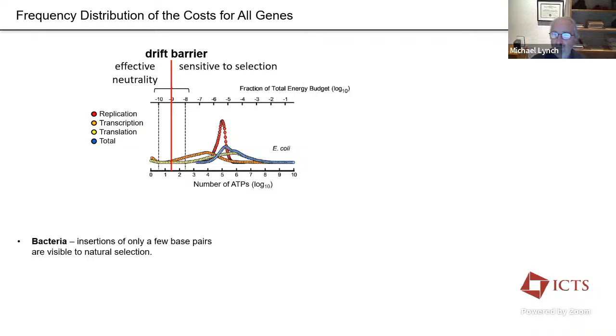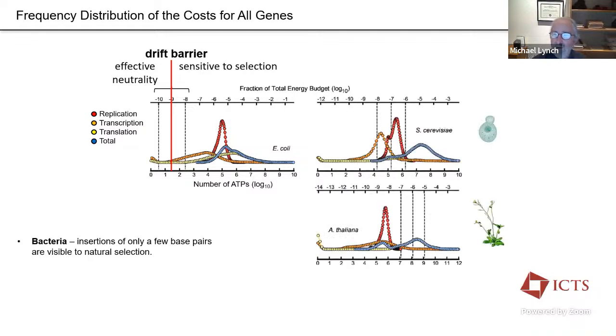So now let's move up the ladder, so to speak, to two other model systems: yeast here, and then the famous plant, Arabidopsis thaliana. There are three things that happen in these plots. Yeast is a famous unicellular eukaryote model system, and Arabidopsis is a land plant.